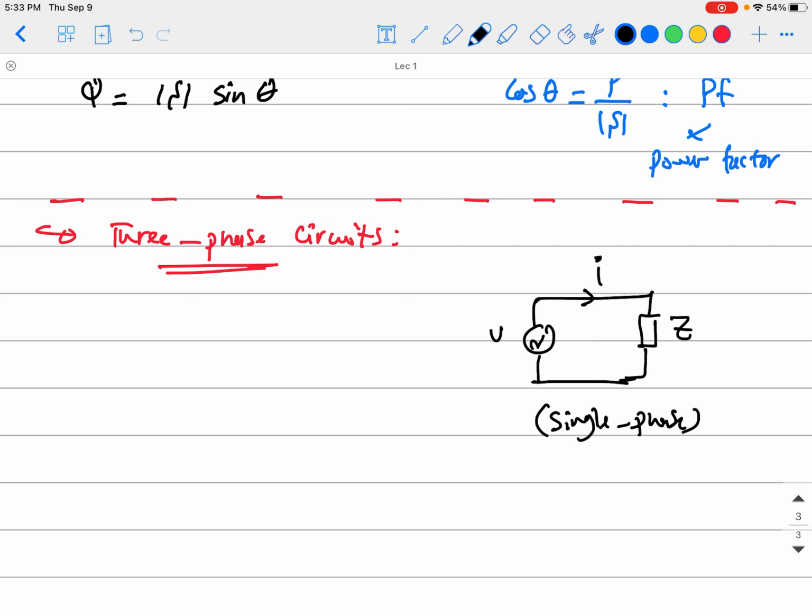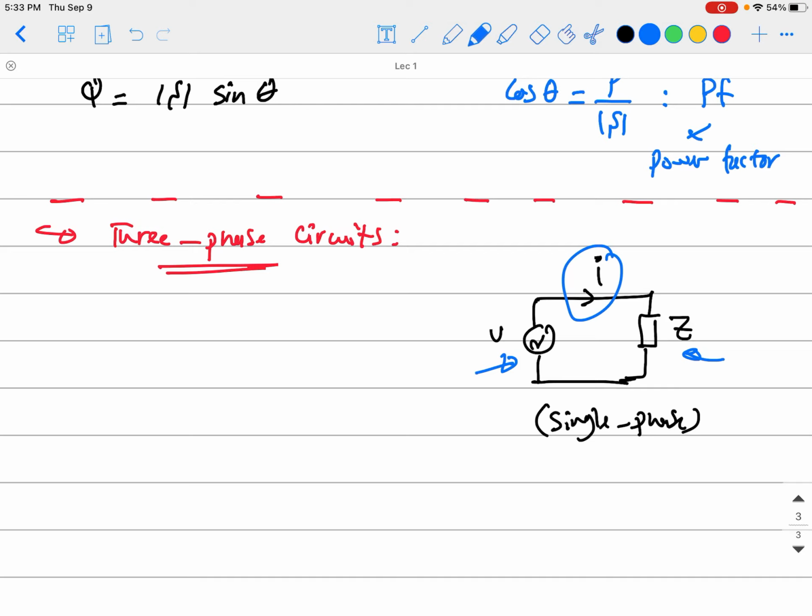Just because you have a single voltage source and a single load like this, and they're just having one current flowing from this source to the load. It's not just a single load; it can be multiple loads connected in series or in parallel. That's still considered, when lumped together, as equivalent to one load. So this is the single phase.